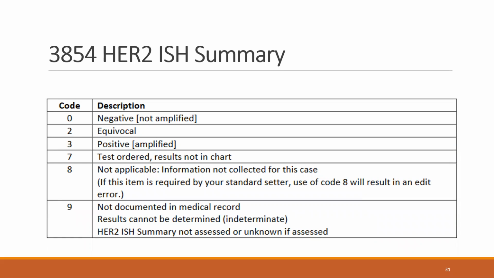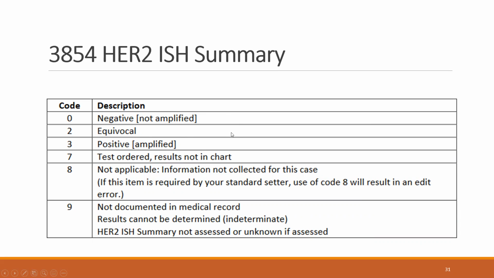So remember, this is not the same field as the IHC. This is the ISH. So the FISH could be negative or not amplified. It could be positive or amplified. Rarely would I expect the FISH to be equivocal.